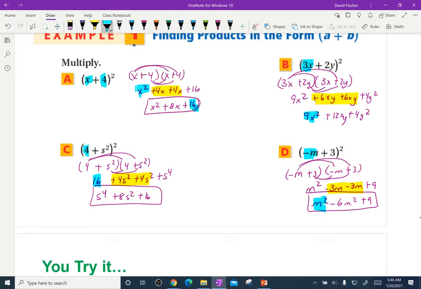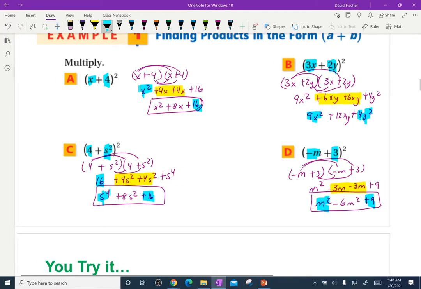I flip-flopped these two guys, so this is now the first one down here. But 4 squared is 16. He's over here because I wrote it in standard form. 9. If I squared that, 2 times 2 is 4. Y times y is a y squared.